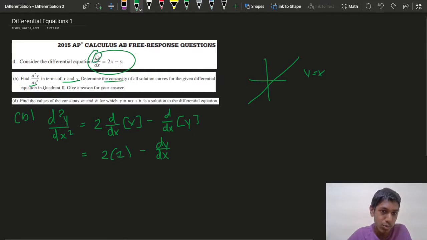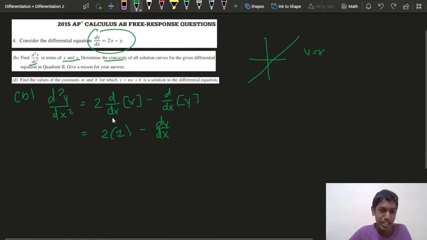That's why they put dy on the top and dx on the bottom. It implies that y is a function of x. This step you may not want to write out. So you're going to get 2 minus dy dx.